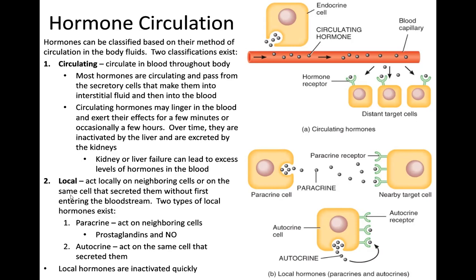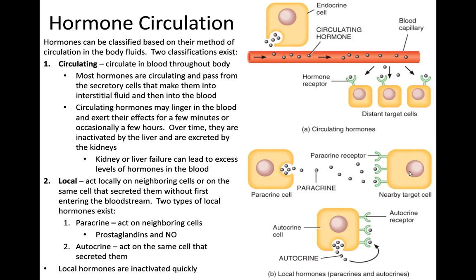Local hormones are named local because they act locally. In other words, they don't actually have to enter the bloodstream and instead act on a cell nearby, a neighboring cell, or they actually can act on themselves. Paracrine is what we show here with these two cells, where a paracrine cell is releasing the hormone that then travels just to a very nearby cell.